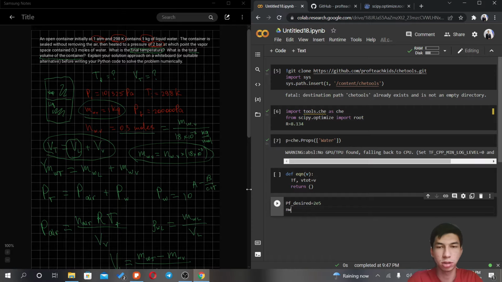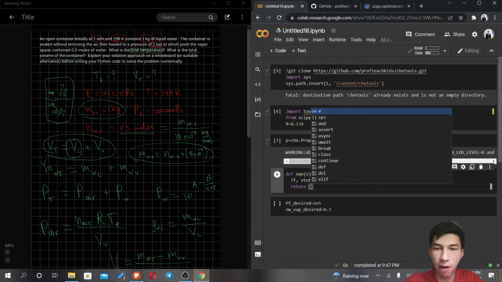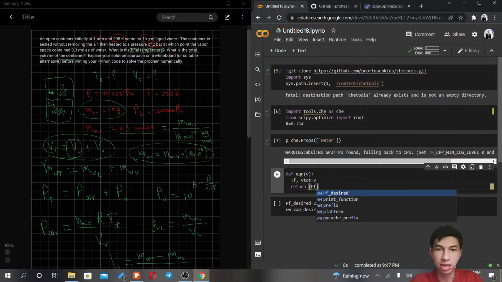And we want our amount of the water in vapor phase, which is desired, to be 0.3. So here in our function, we can solve for the P final and amount of the water in vapor state, and so that when we subtract the desired and the calculated values, we should get 0.